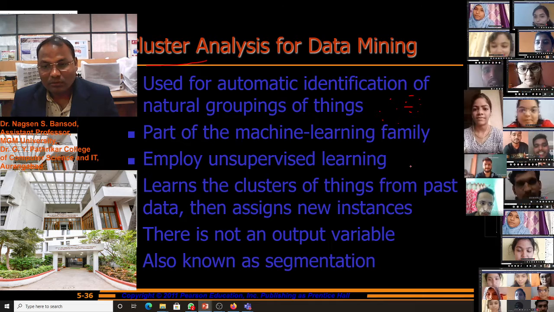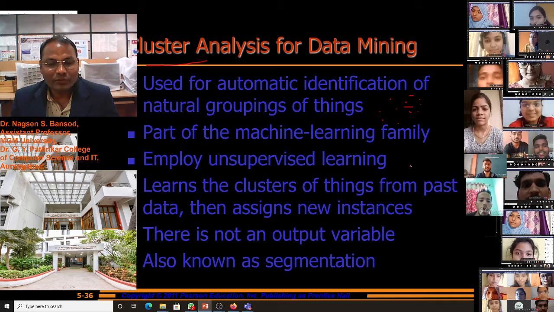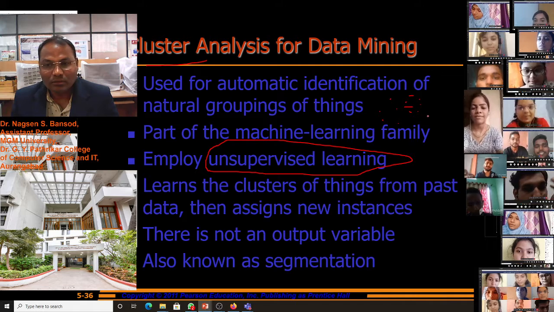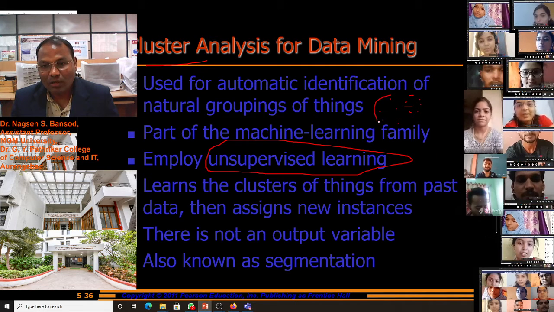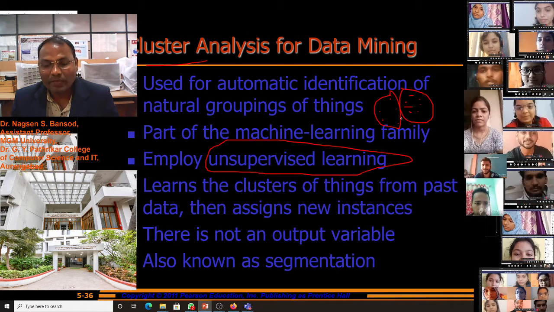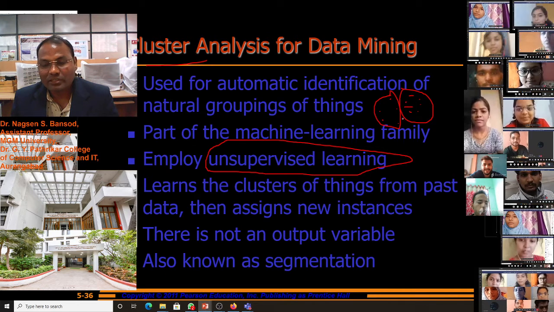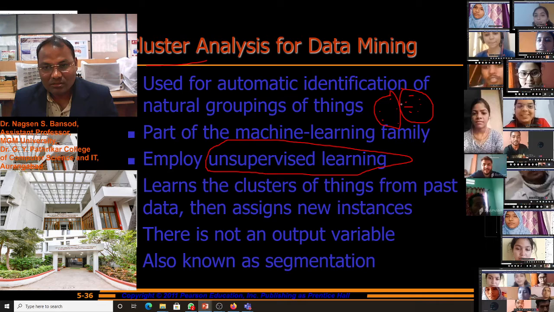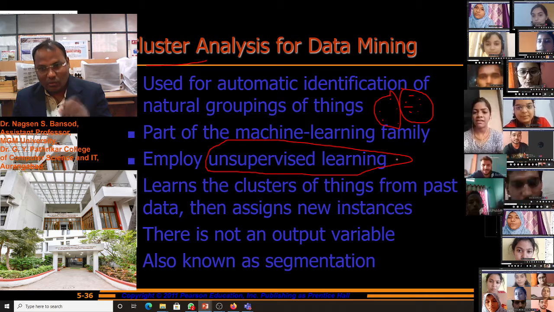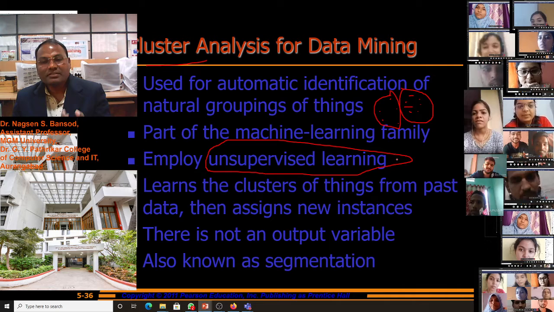We don't have the information of the output, then we can use unsupervised learning to train our network and find the classes of the temperature, which temperature is higher than which cluster's temperature, like this. Also known as segmentation. We have to make the segmentations according to the cluster, according to the near distances, according to the nearest neighbor values.